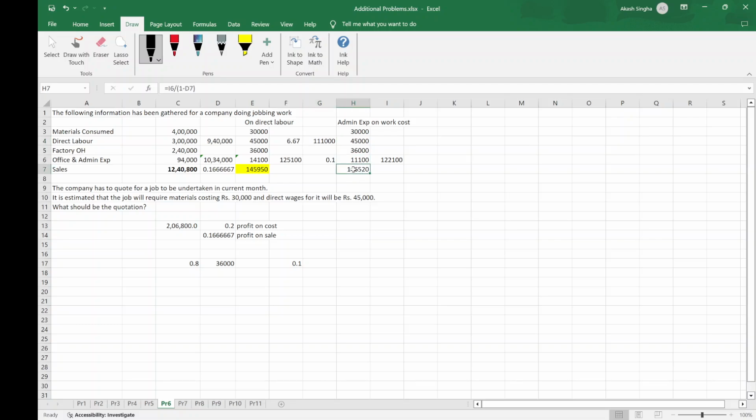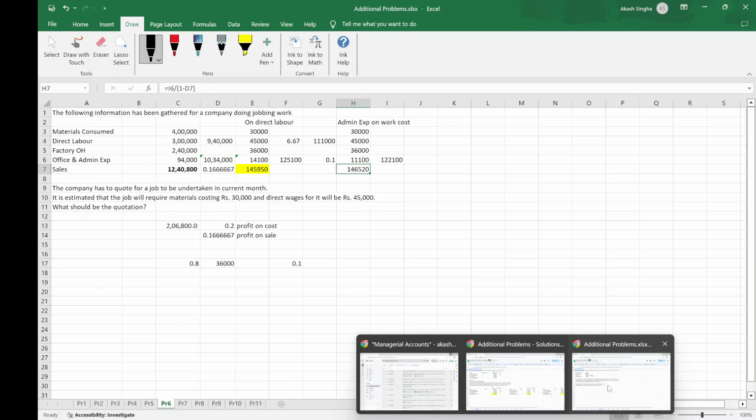So this is ma'am's answer, I guess, 1465200. Now, is there anything about profit given? No. So 1465200 is the answer.